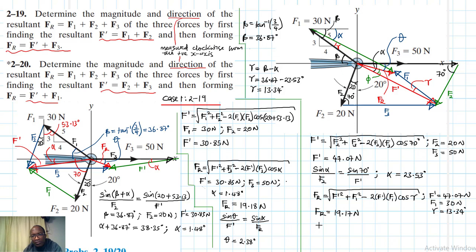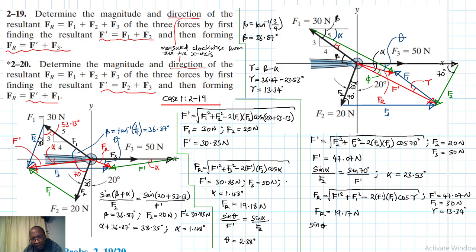So for us to find phi, we can use sine law quickly. Let me write it down here.